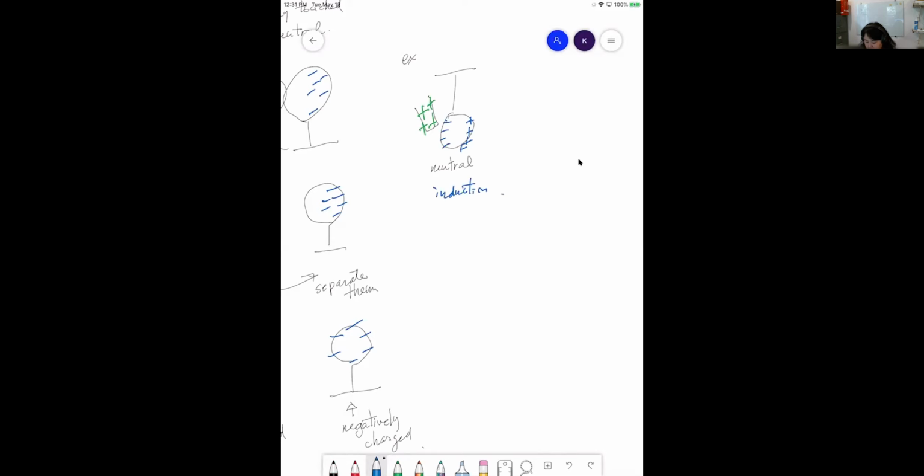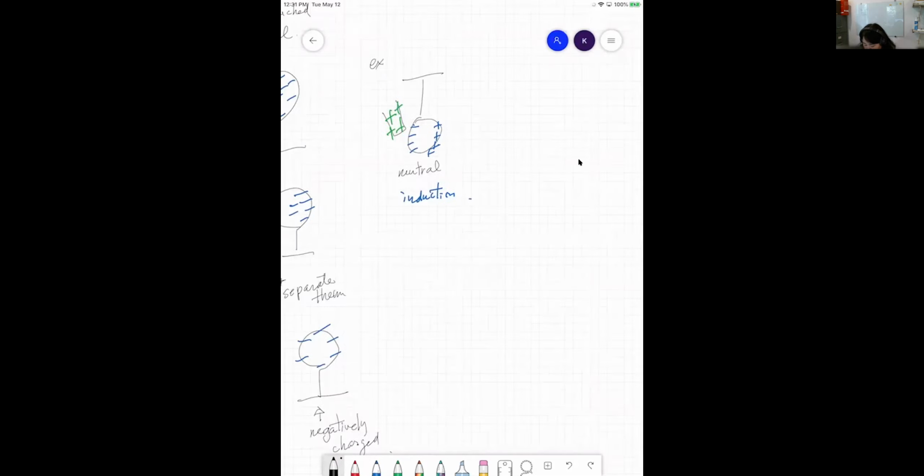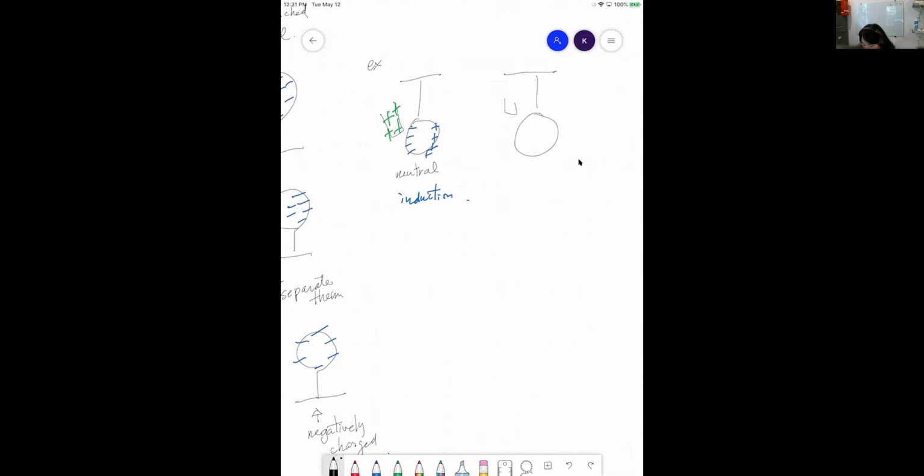Right? This is a conductive ball, again, conductive. What happens while I have this bar nearby, but I touch the other side with my finger?